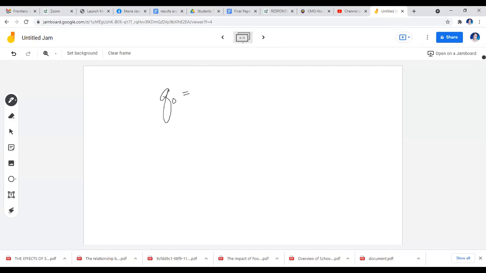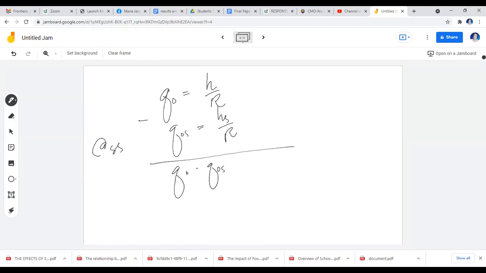Q sub O being equal to H over R. So if you're going to evaluate this at steady state, this would be Q sub OS equal to HS over R. If you're going to get the difference, you will have Q sub O minus Q sub OS equal to 1 over R times H minus HS.